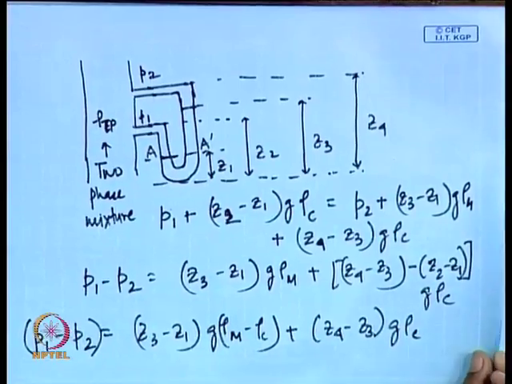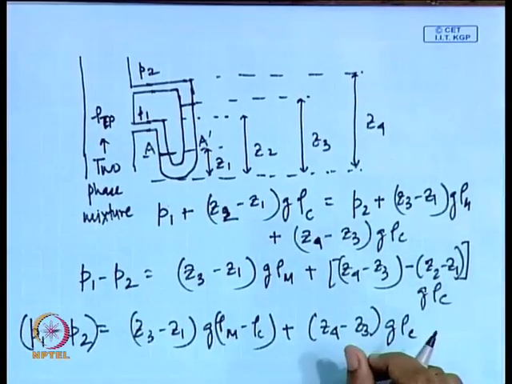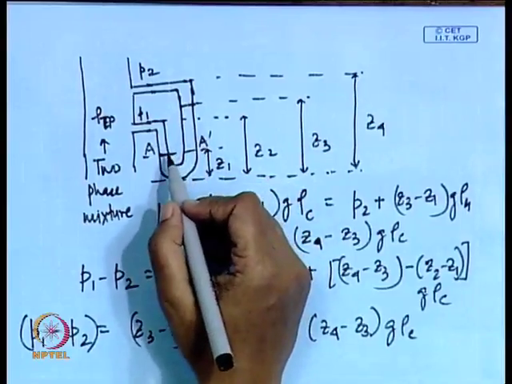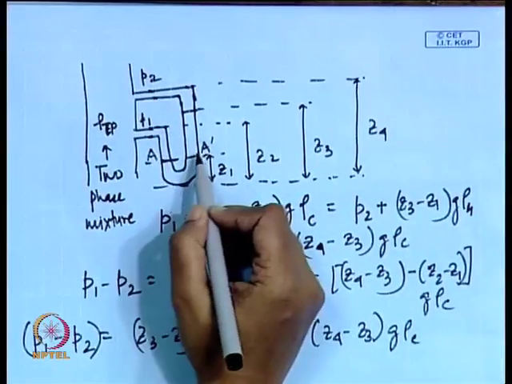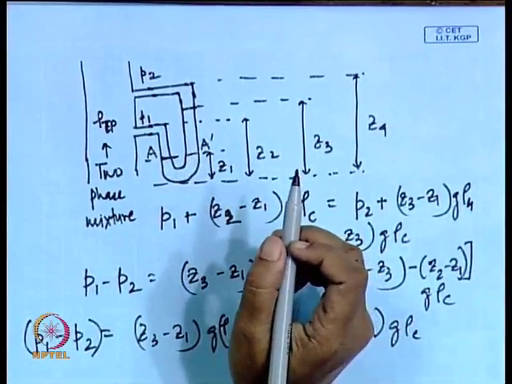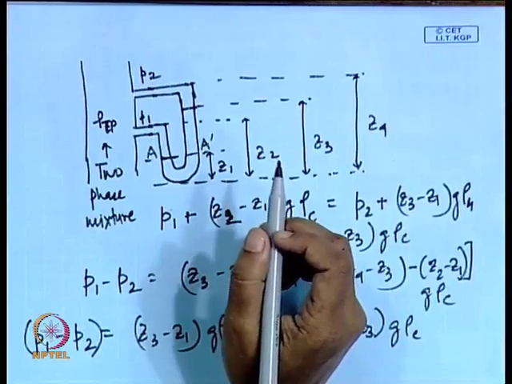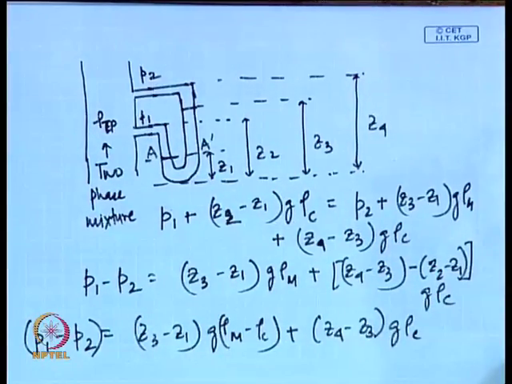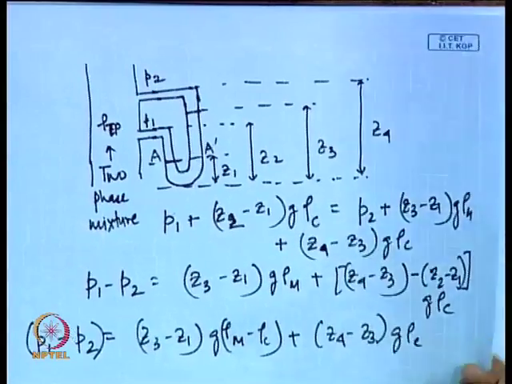Now, you see when P 1 equals P 2, what should happen? When the two pressures are the same, the two manometer levels should also be the same. But from your mathematical expression, do you get that? For P 1 equals P 2, what do you get in this particular case? Tell me.